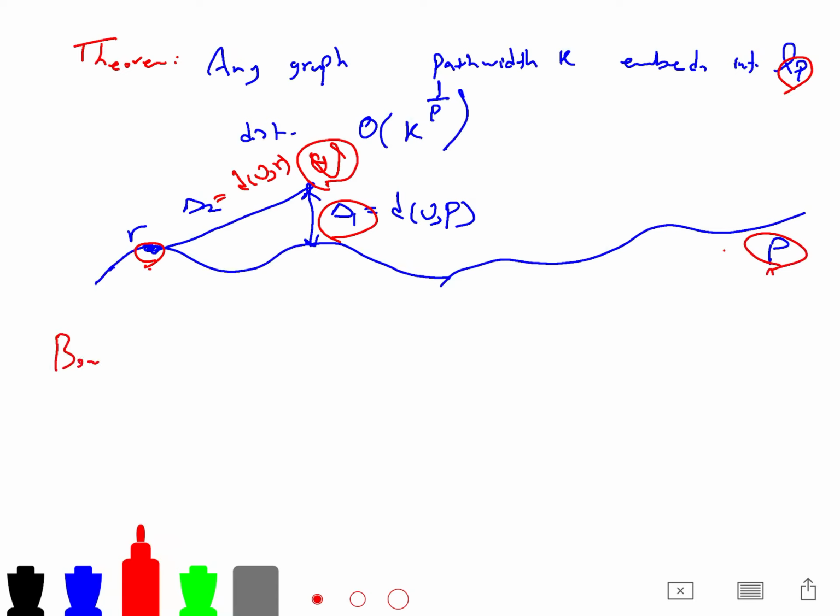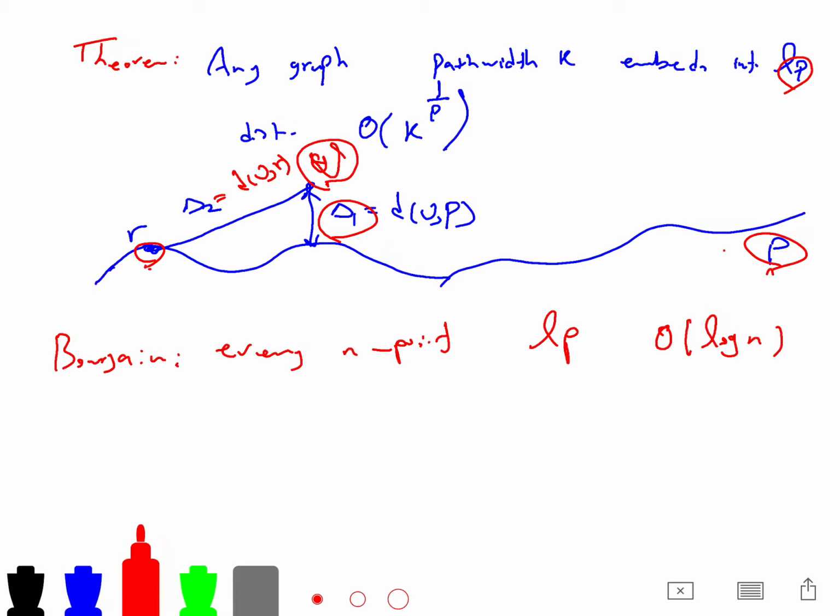The motivation is that Bourgain says that every n-point metric space (X, d_X) is embeddable into L_p with distortion of order log n. So do you want to be even better than this?